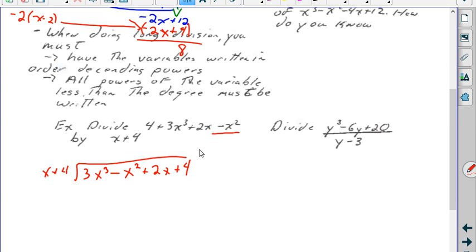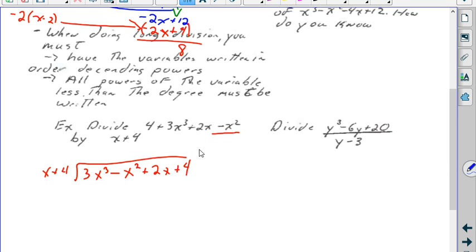If you want to do the long division and synthetic division, which we'll get into later today, you have to write it in the order x cubed, x squared, x, and then the constant.